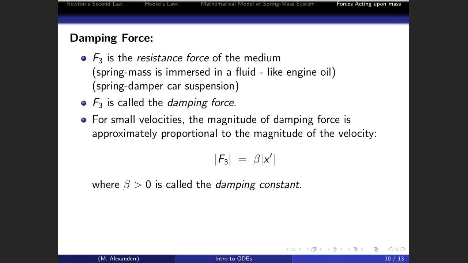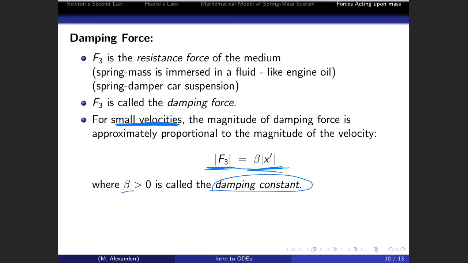Now the formula that I want to present is the following. For small velocities, this only works for small velocities, we're going to assume that the damping force is proportional to the velocity of the motion. Beta is a positive number, and that's going to be called the damping constant.